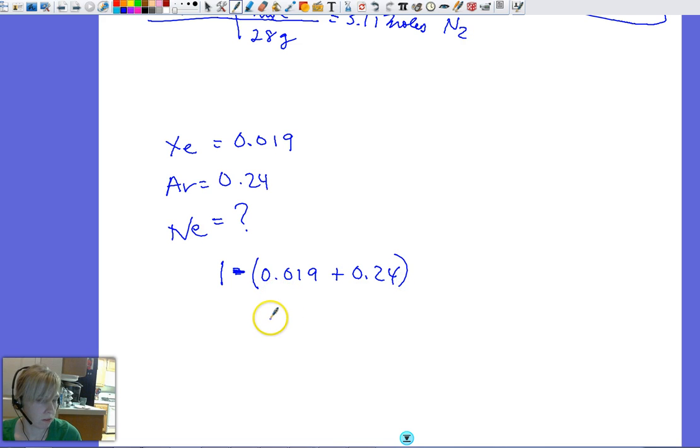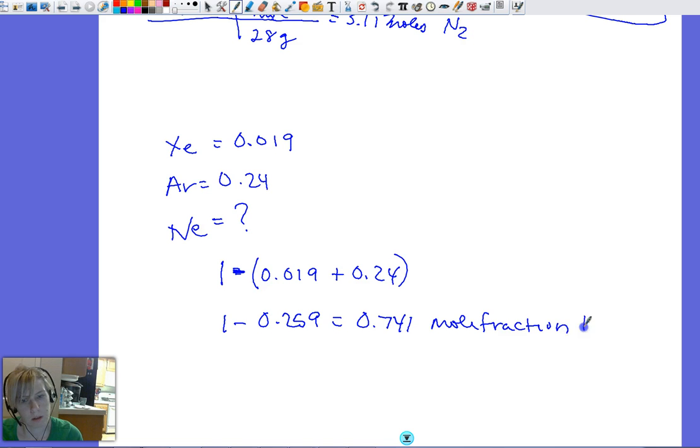And that difference is going to be the neon. So that gives us 1 minus 0.259, and we get 0.741 as the mole fraction for neon.